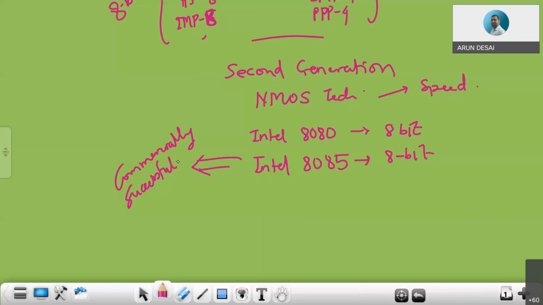So for that reason, this processor is studied in engineering syllabi, and it is again an 8-bit processor.